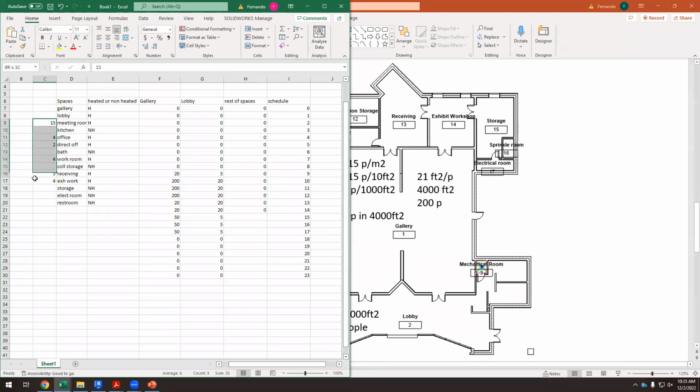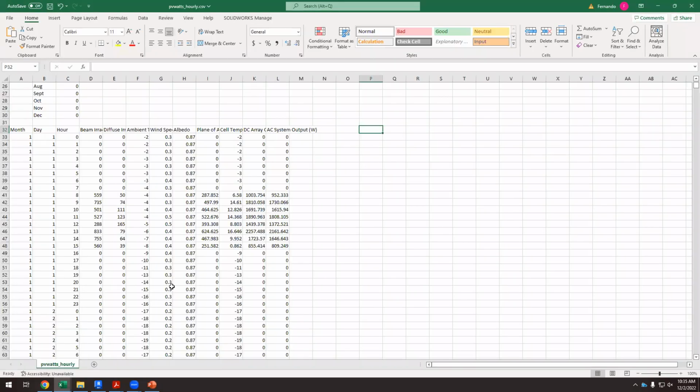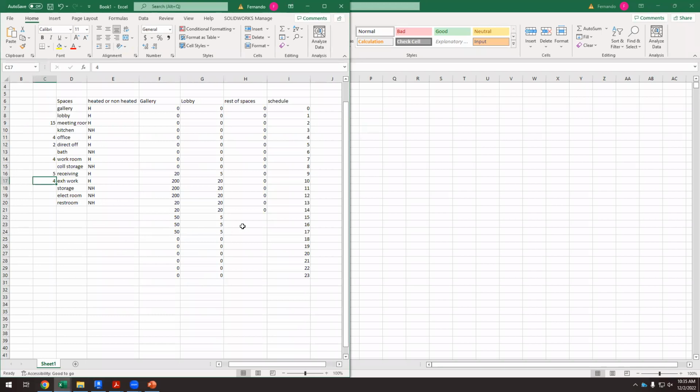So in total, I have 15, 19, 21, 26, 30, around 34 people. So if I assume that everybody is working on those spaces, let's say 34, and then 20, 20, and 0.